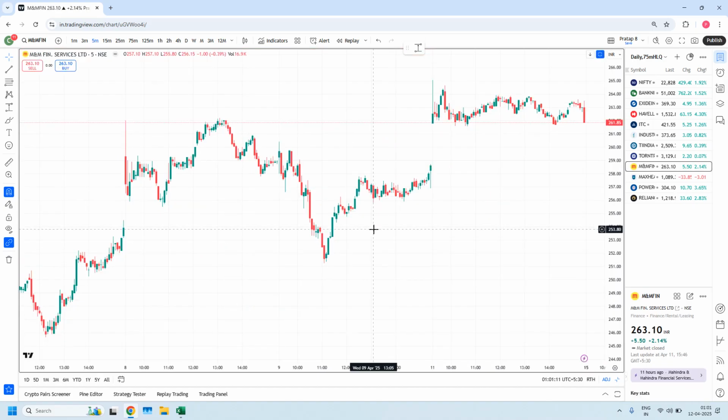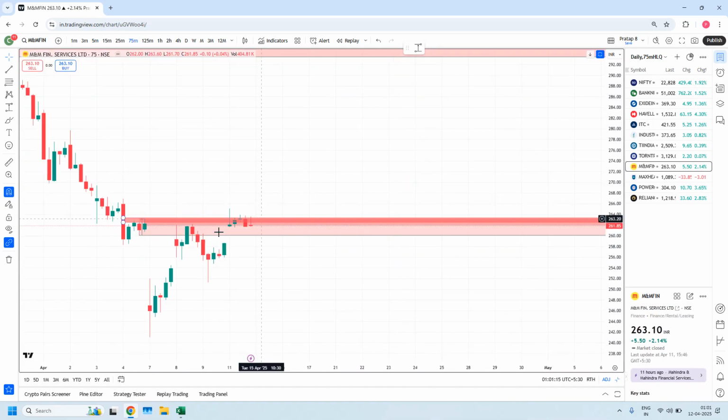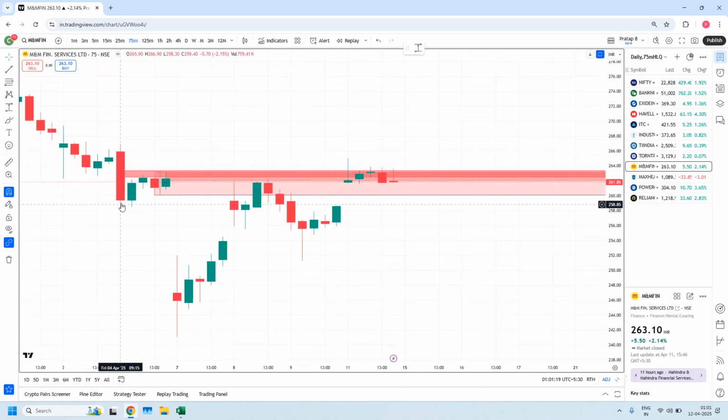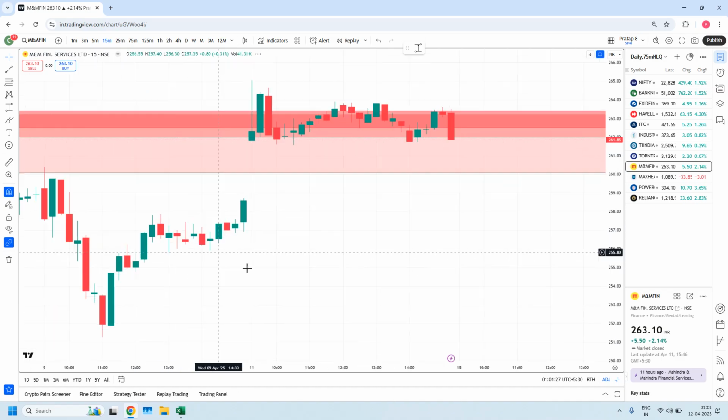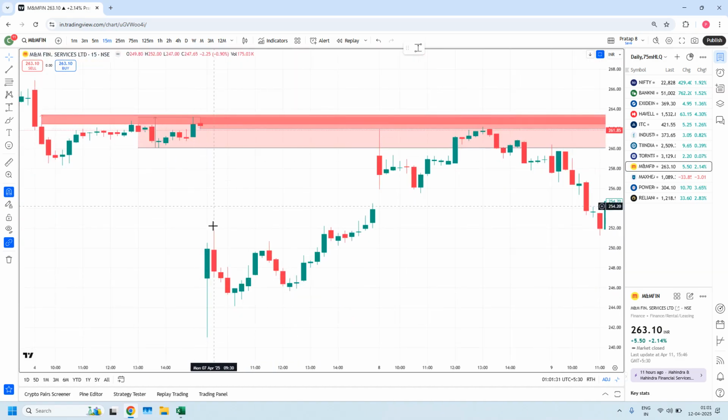Next one is M&M Finance. This is also a 75 minute high liquidity zone. So this is the one: rally, 3 base candles and a drop candle. And this one is fine tuned with the 15 minute time frame. Rally, base, drop.